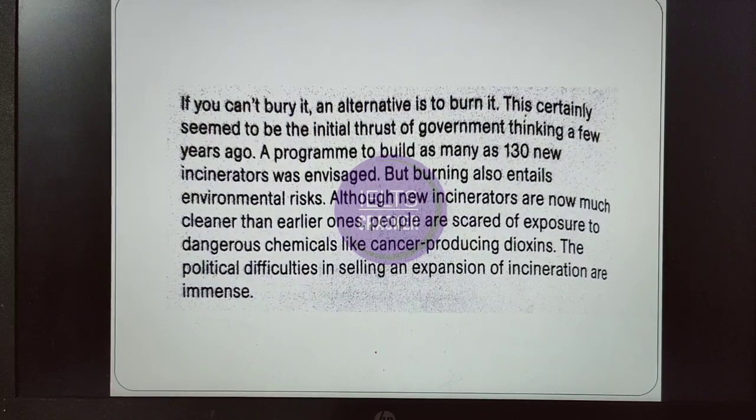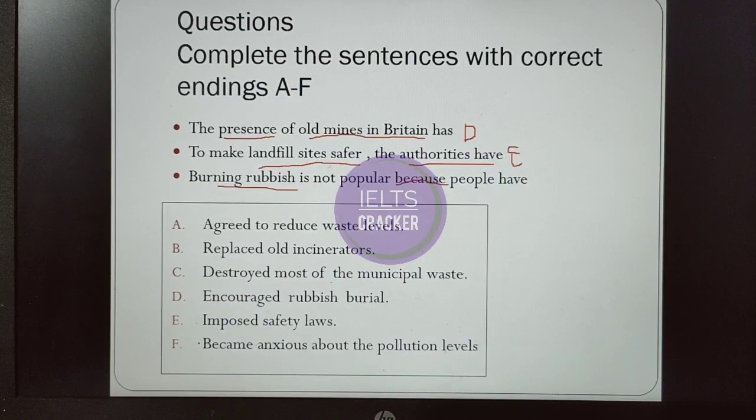So guys, what we read in the third para, that is a program was set up to build 130 new incinerators, but along with that there were some risks associated with it, that is people were scared because of the exposure towards dangerous chemicals, and moreover it was going to threat the environment as well. So let's have a look on the options. So what do you think guys, which one will suit the best?